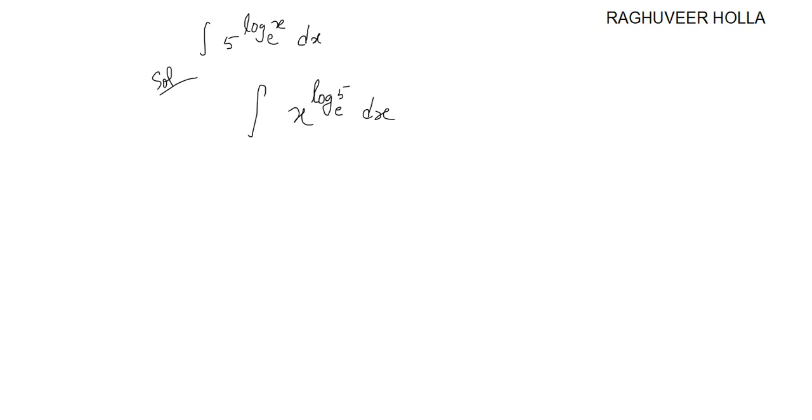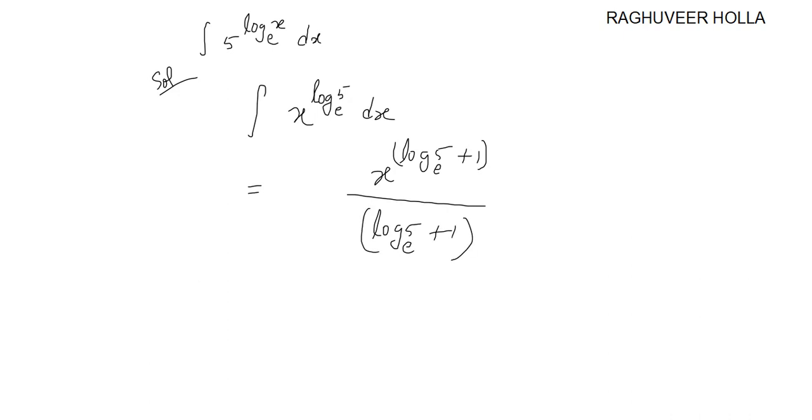So I get x to the power of (log 5 to the base e plus 1), divided by (log 5 to the base e plus 1), plus c. Now whatever we have assumed, let us put it back together. So this will be the solution of the integral.